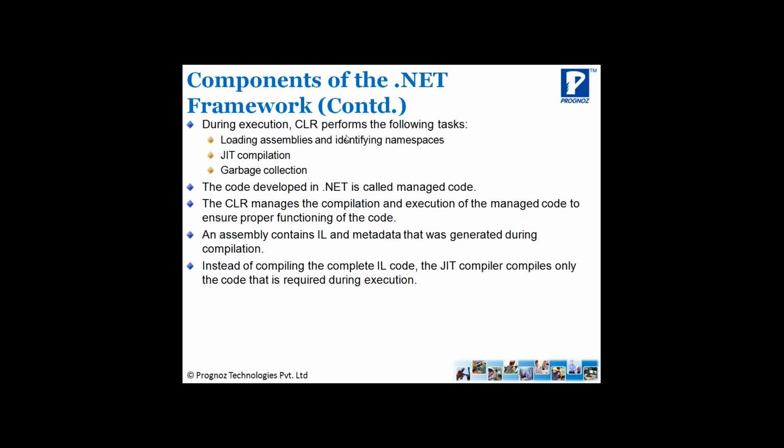During execution, CLR performs the following tasks: loading assemblies and identifying the namespaces, JIT compilation, and garbage collection. We will see these in detail a little later. For the time being, understand that when you compile the code, in the first stage the IL code is generated, and then we have the just-in-time compiler to convert it into binary. The garbage collector is used in order to manage the memory.